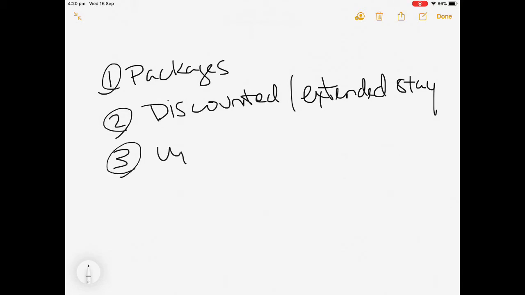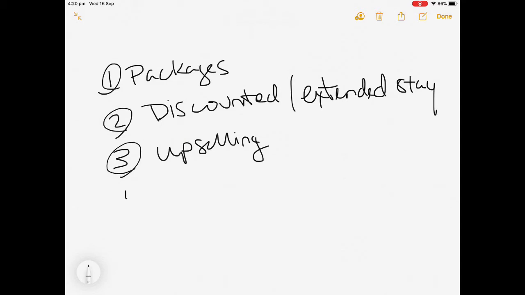Another one is upselling. Somebody comes in, they have a room, and you say, would you like a suite, or would you like an ocean view, or whatever it may be. There are lots of opportunities to add on an extra $20 or $50 or $100 per night by upselling them when they come into the hotel.